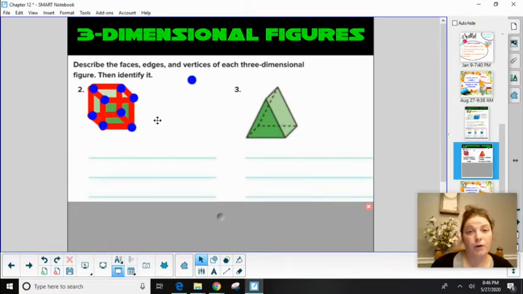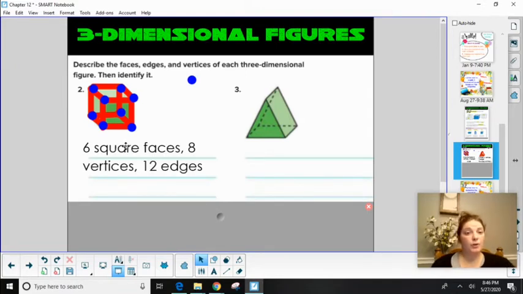That would be like the front square. All right, so what do we have? We have 6 square faces, 8 of those blue vertices, and 12 of those red line edges. So what do we call that guy? Yeah, a cube. Very good.